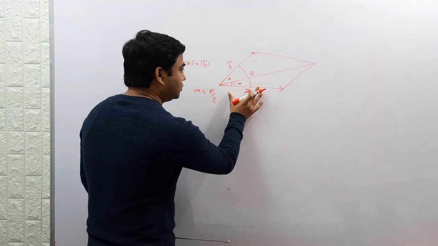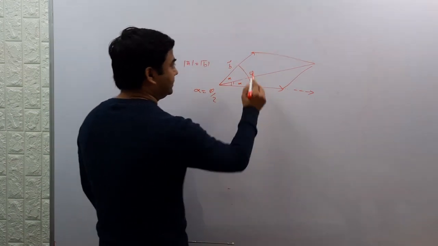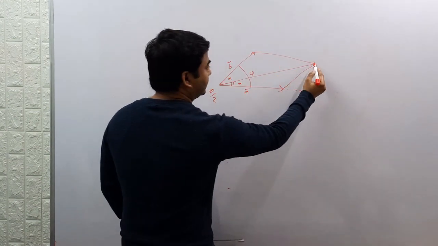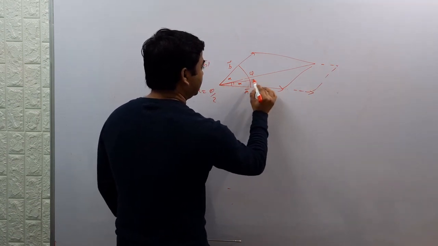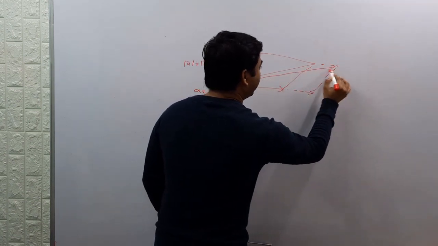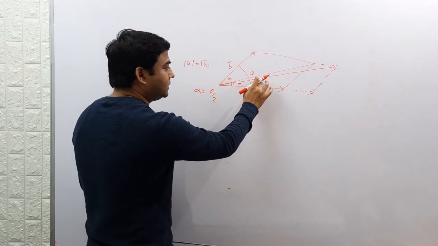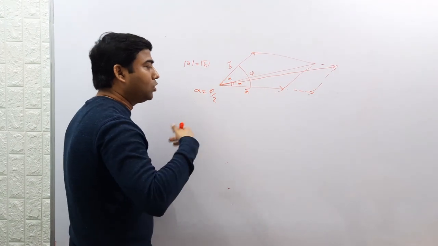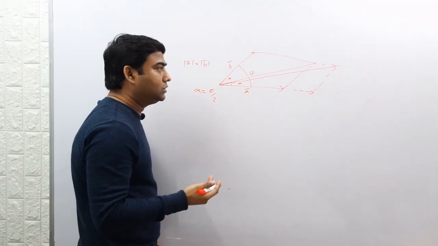Now suppose vector A is increasing. In that case, this diagonal will be inclined toward A. So the inclination of the resultant vector is always towards the vector which is greater in magnitude.